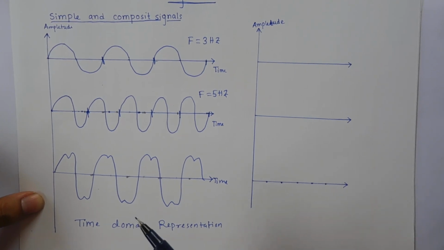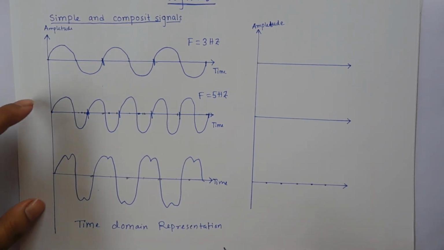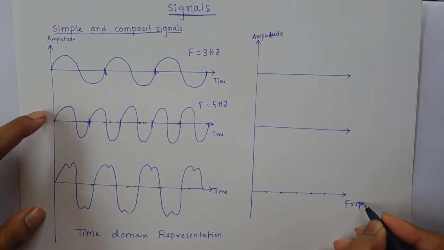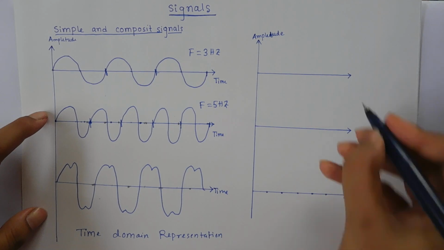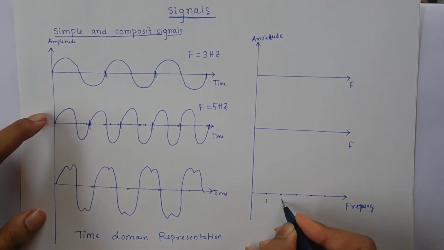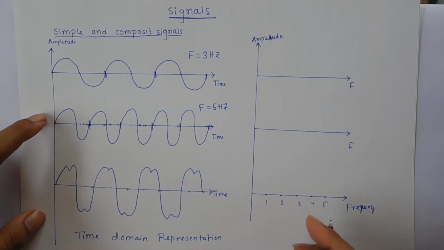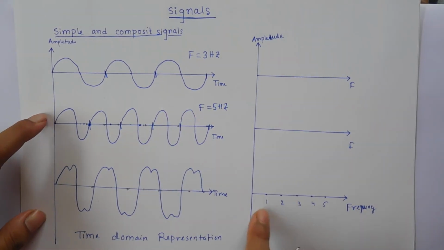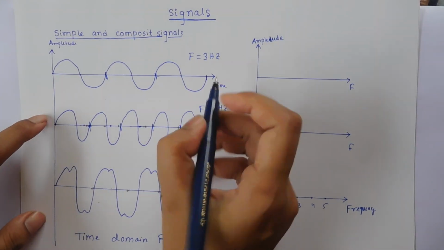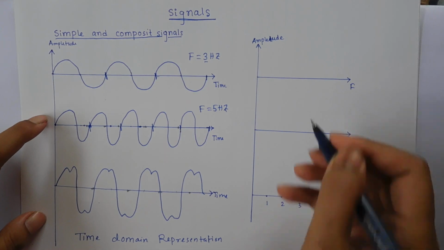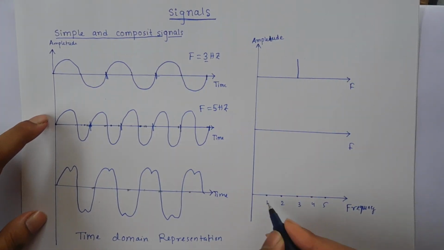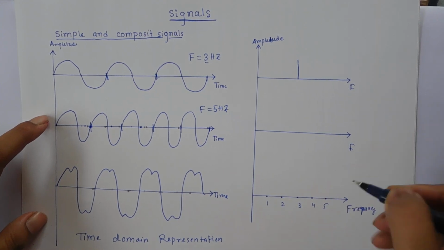But if we measure in frequency domain representation, suppose here we represent frequency. In frequency domain representation, how do we represent 1, 2, 3, 4 and 5? Because the frequencies are 3 and 5, maximum 5. So for this signal there is a frequency 3, so 1, 2, 3 here, and for this one it is frequency 5.